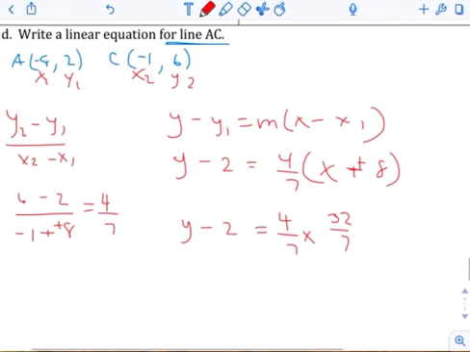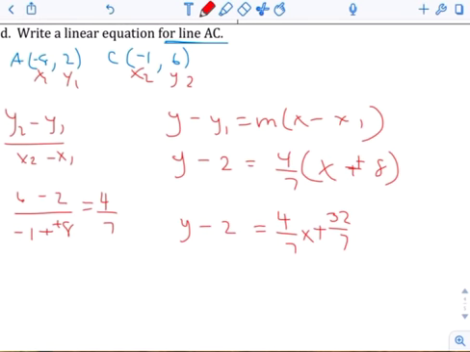And then, 32, 7 into 32, how many times? 4 times, with a remainder of 4, so 4 and 4 over 7. Okay? Add 2, add 2.